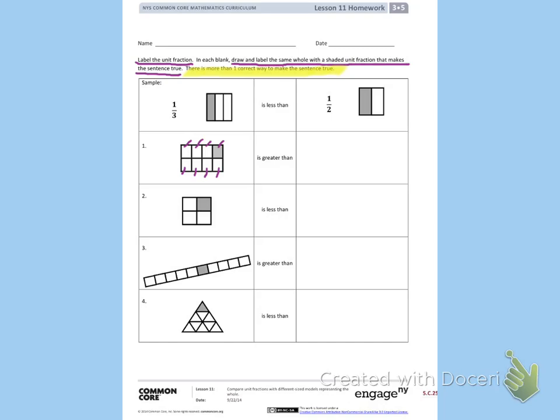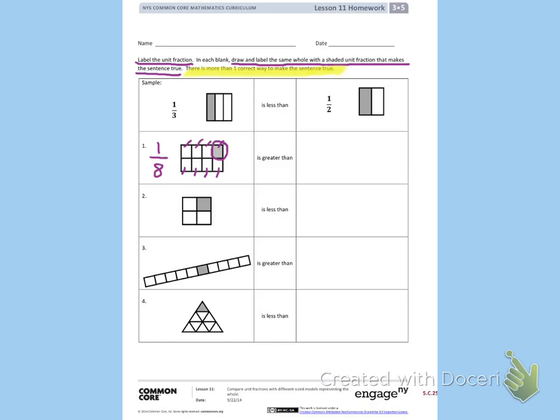There are 8 equal pieces, so I know that the number 8 goes in on the bottom of my unit fraction. Now I will count how many pieces are shaded. 1 piece is shaded, or 1 out of 8 is shaded. 1/8 of the rectangle is shaded. Each piece of the rectangle is 1/8 of the whole.